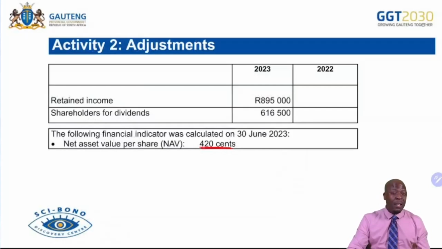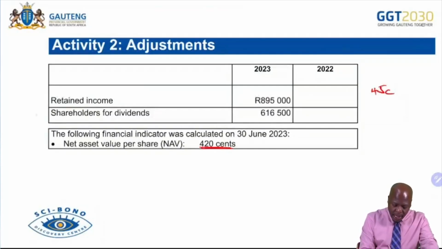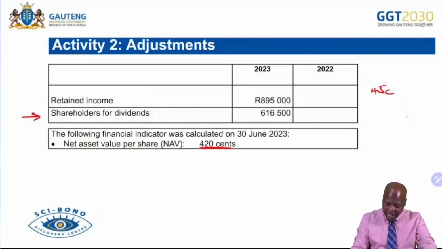In this question, the number of shares was not given. However, what they gave us is what I showed you in the previous adjustment, where they had given us the final dividend of 45 cents, and then they gave us shareholders for dividends. So they wanted us to calculate the number of shares here.